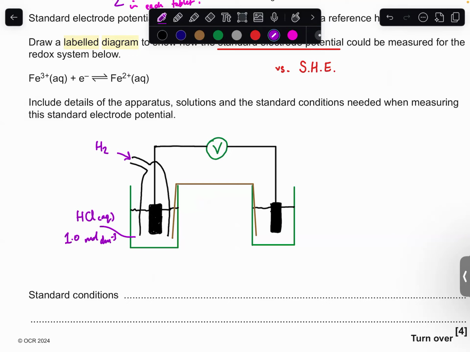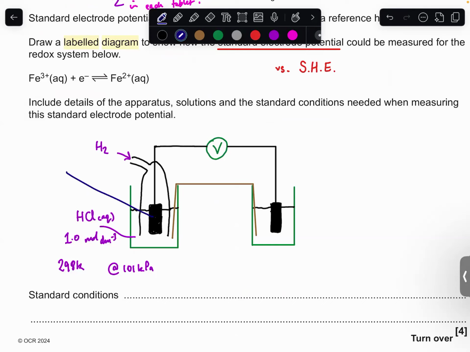Now, the pressure of the gas is going to be at 101 kilopascal pressure of the hydrogen gas. And what temperature is this going to take place at? The standard temperature of 298 Kelvin. Remember, this has to be labeled. So what is this electrode here?